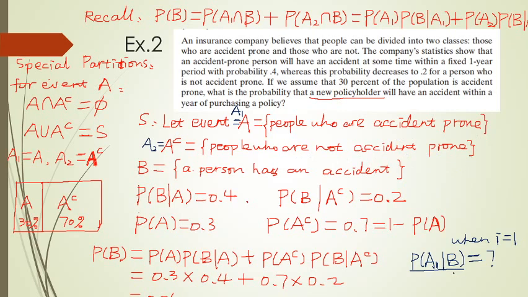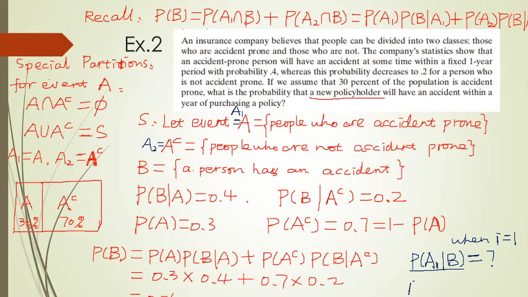So this combines with the statistical inference part. We already know the person had an accident, and this is something easy to observe in real life, right? We observe a new policyholder has an accident, but what is the probability this person is accident prone?